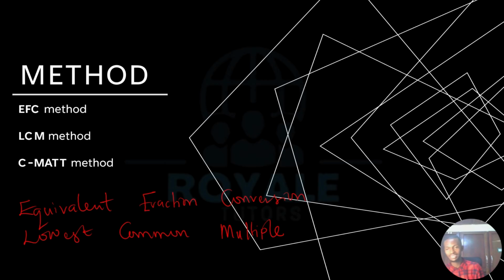The CMAT says cross meet at the top. That is, we have fractions crossing to meet each other at the top. That is, numerator going to meet the denominator, denominator going to meet the numerator.